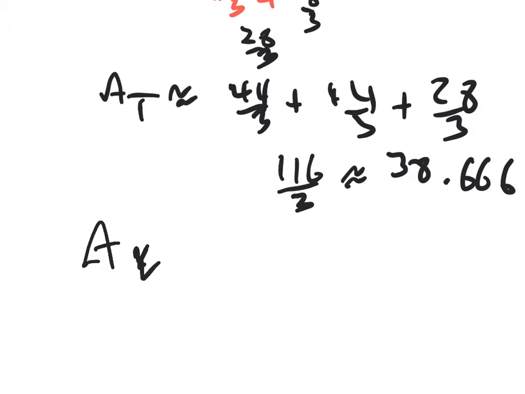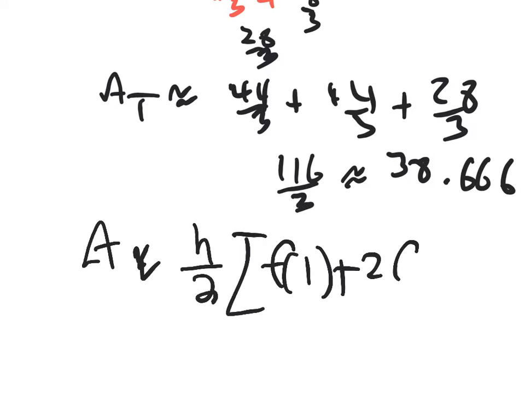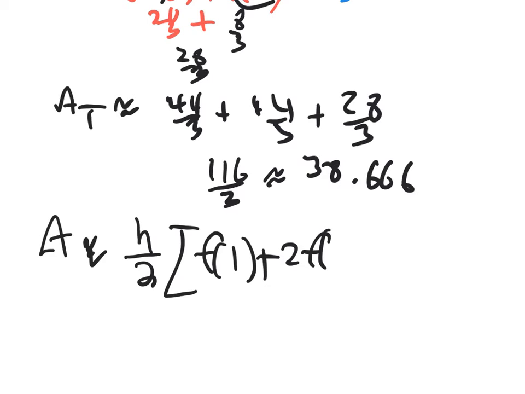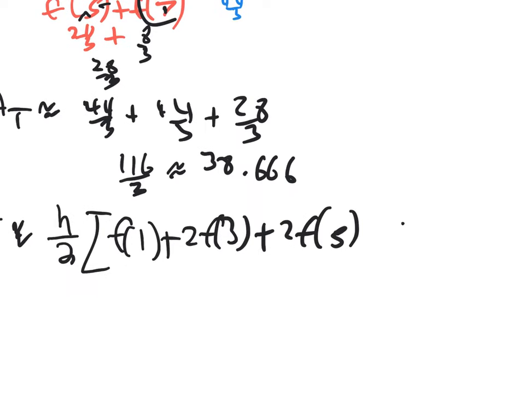Area is approximately, factor out the height, divided by 2. I have an F of 1. I have 2 F of 3s. I have 2 F of 5s, and I have 1 F of 7. Yeah, we could have done that. By the way, that's the official definition.